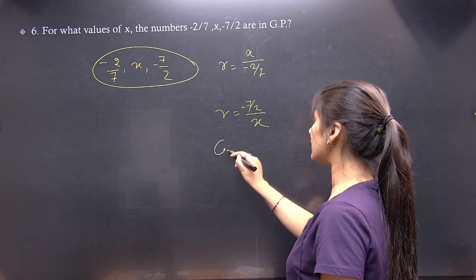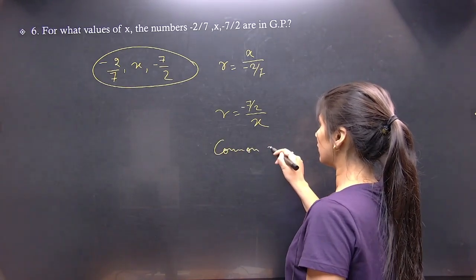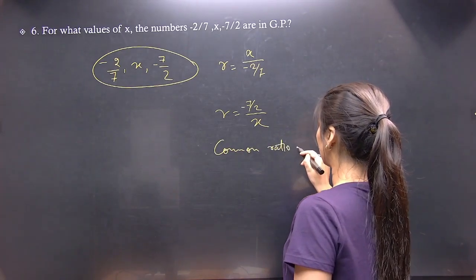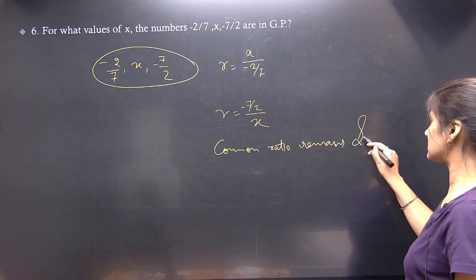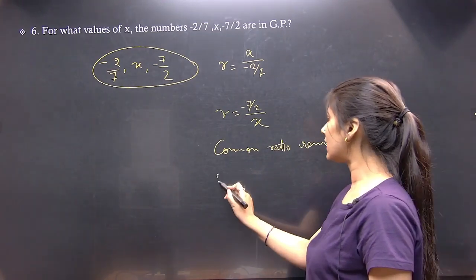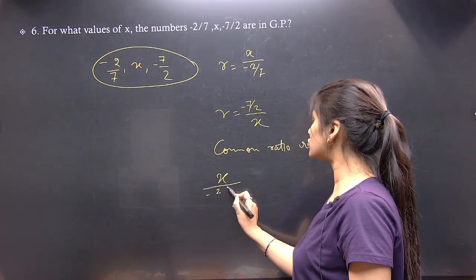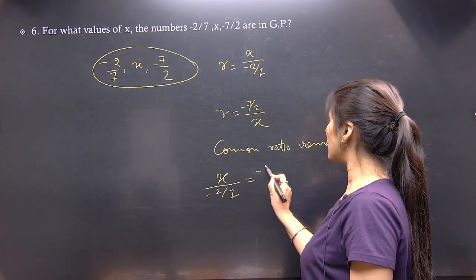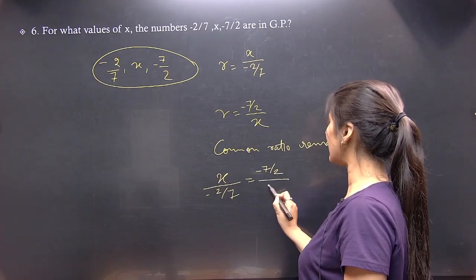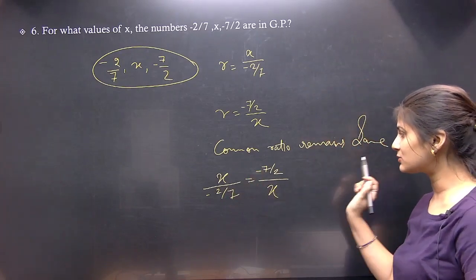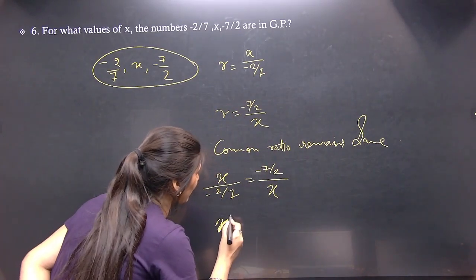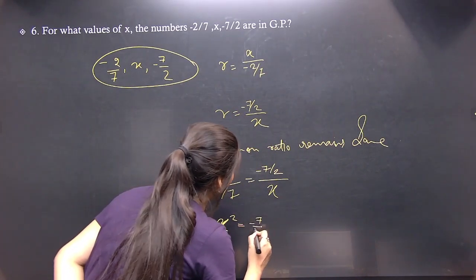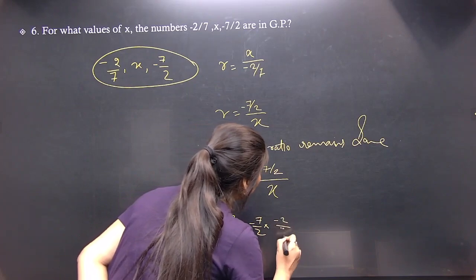Since common ratio remains same, so we can say x by minus 2 by 7 is equal to minus 7 by 2 by x. Now if I cross multiply it, it will give x square is equal to minus 7 by 2 into minus 2 by 7.